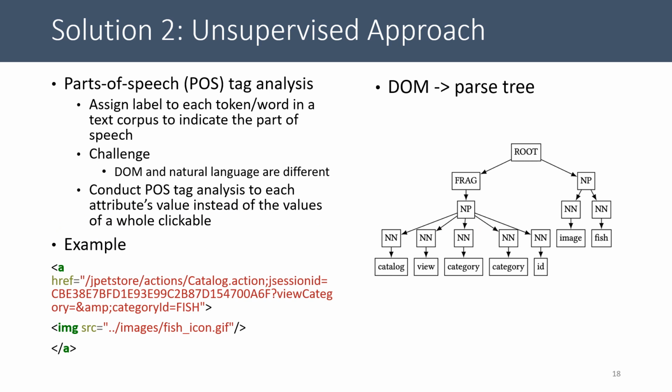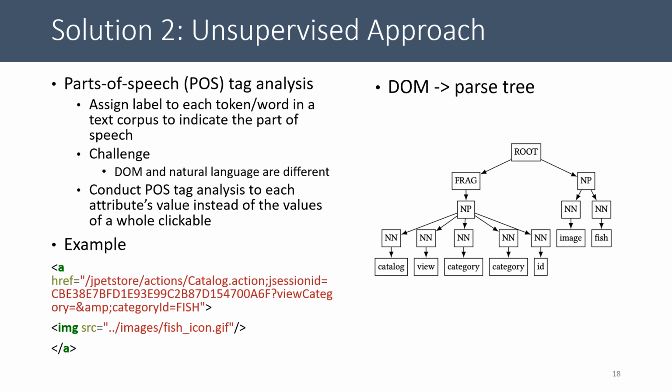The goal of our second approach is to extract the most probable verb and noun. We first conducted POS-tag analysis, which marks the part of speech of each word of the clickable. Because DOM is different from natural language, in each clickable, different values for different attributes may not form a complete sentence.